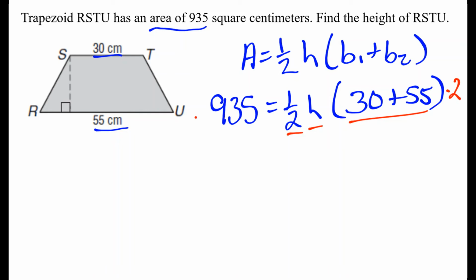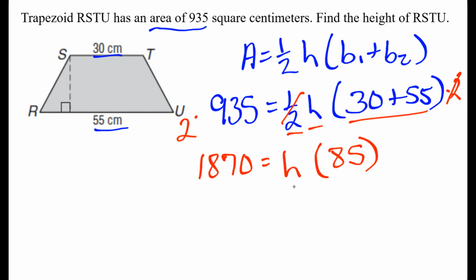Now if I were solving this, being that we have all multiplication on the right side here, we're multiplying the parentheses times the h times the half. I would multiply both sides by 2 to start off with to get that 1/2 out of there. So that would give us 1,870 equals the height times 85. And then I would divide both sides by 85.